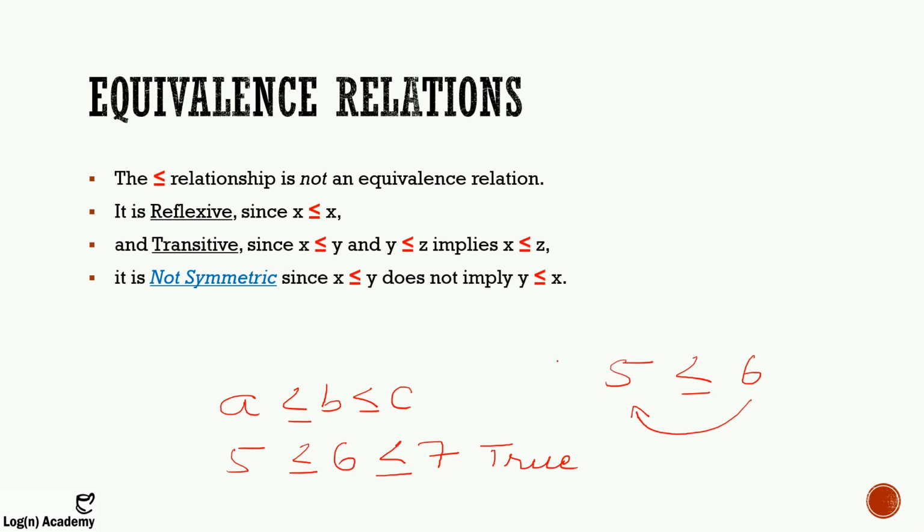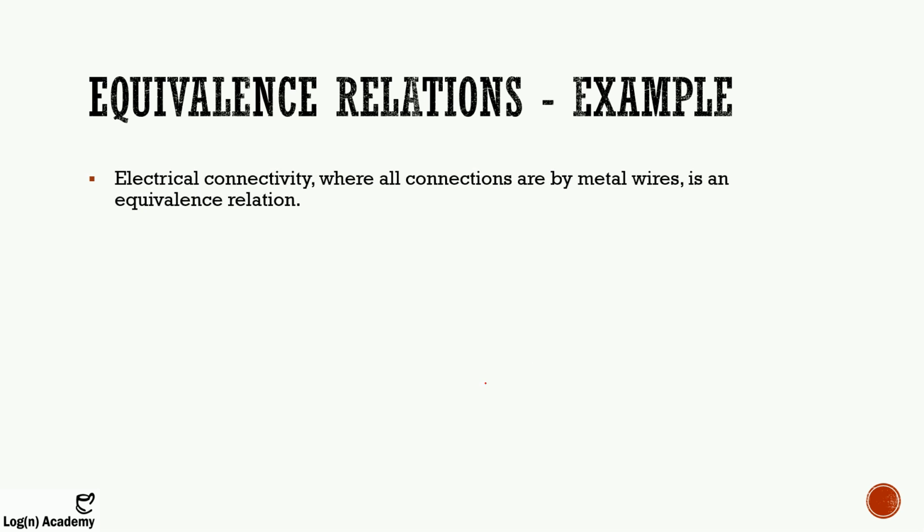So less than or equal to is not an equivalence relation. For further information about equivalence relations, you can check on the internet or refer to any book on discrete mathematics.